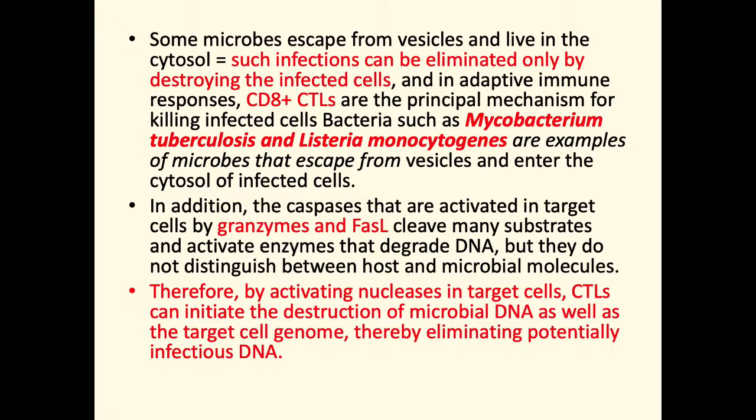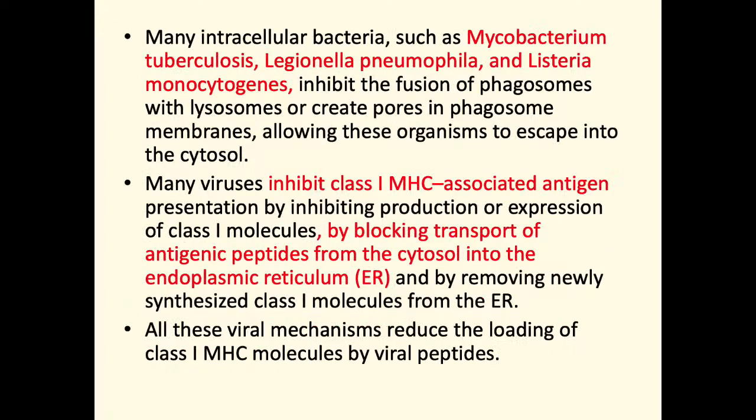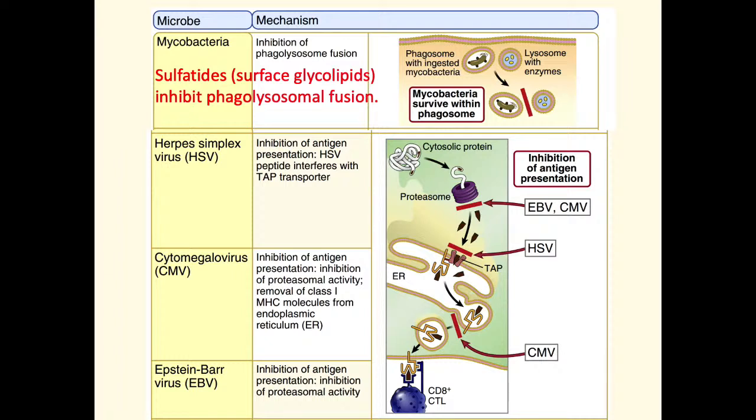And other than mycobacterium, there is listeria, which is also an intracellular bacterium, and all of this leads to expression of some proteins on the surface in order to avoid the immune system response, and therefore we will have chronic infections. So there are several mechanisms by which they decrease the immune response.